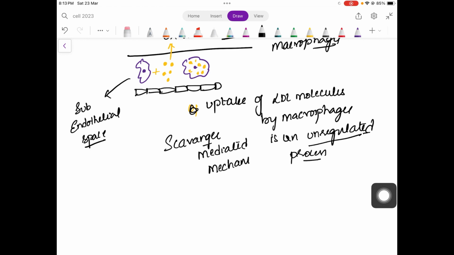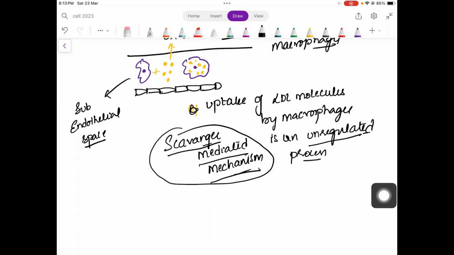LDL absorption can take place through a receptor mediated mechanism, which is a regulated one, and LDL molecules can be taken up by the macrophages through an unregulated process called the scavenger mediated mechanism, which is a major culprit for atherosclerosis.